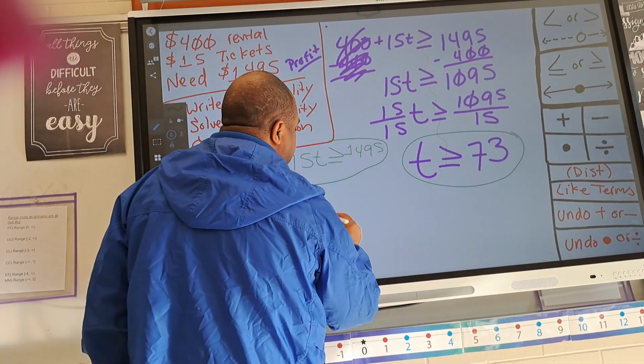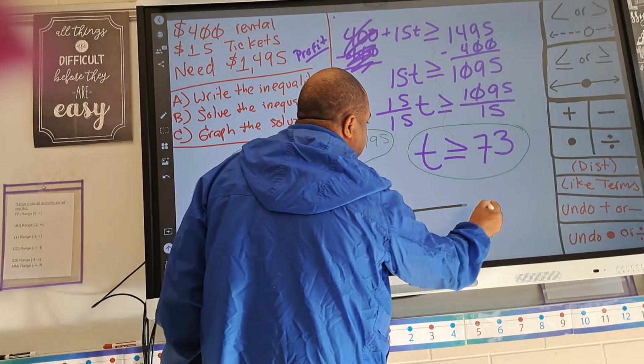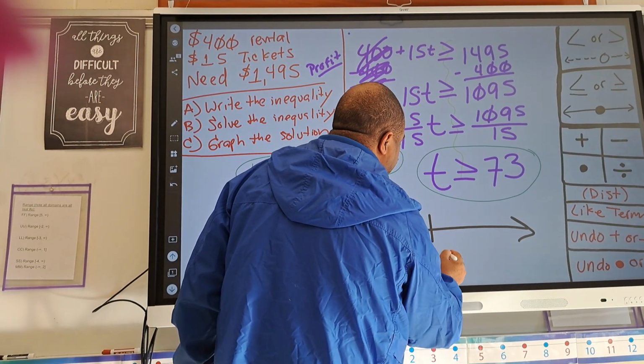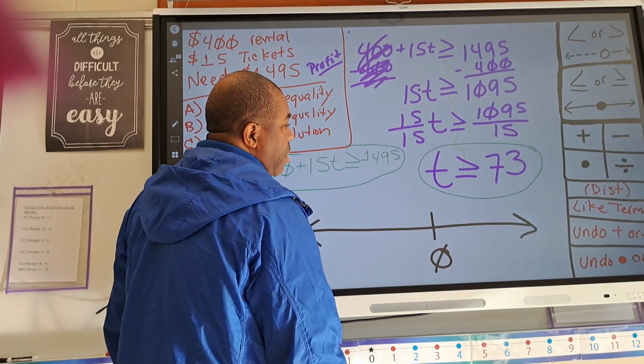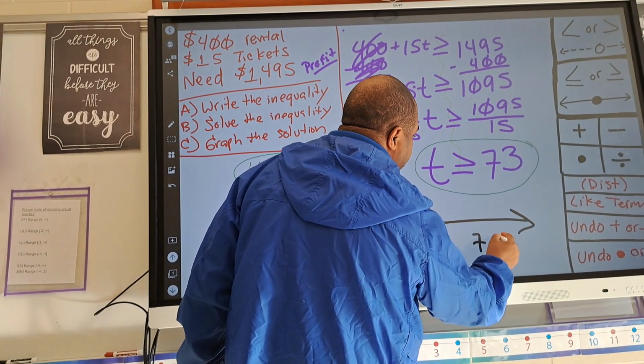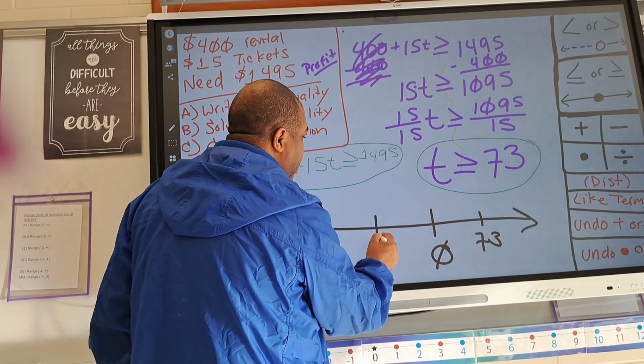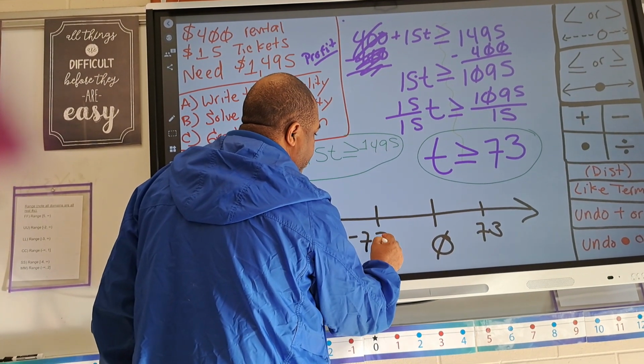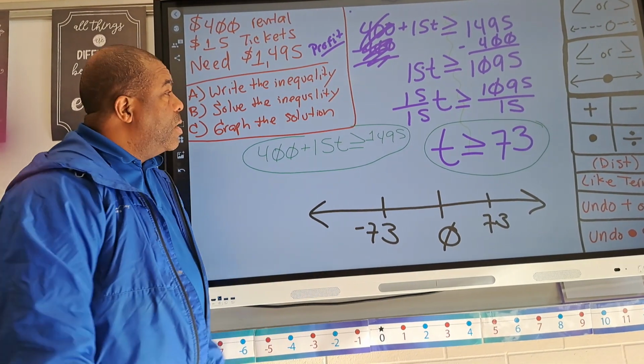So, we're going to put our number line, 0 in the middle, and we're going to put 73 here. And over here, we're going to put negative 73. Just making it real simple. All right.